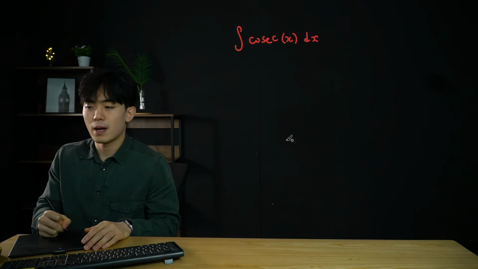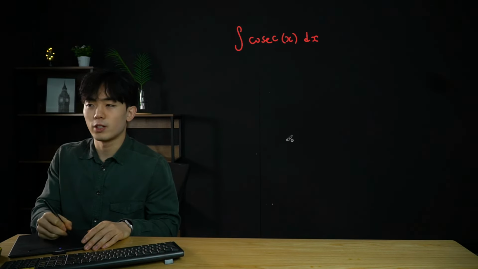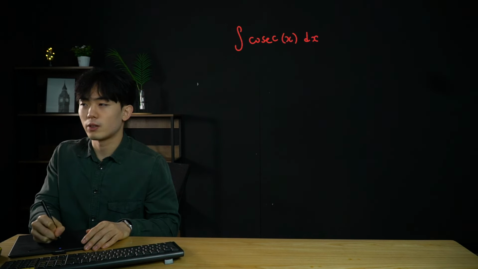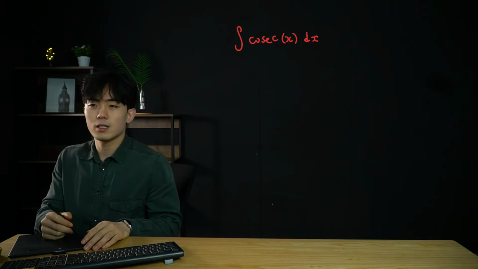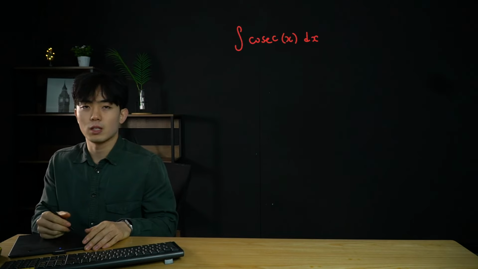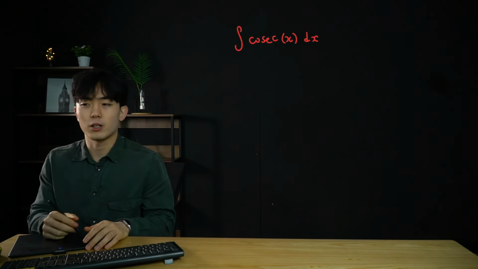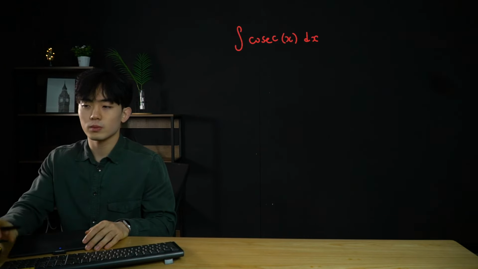Okay, so if we compare this term with the original integral, the only difference is this negative sign. So this is going to be equal to negative our y value, which is ln cosec x plus cot x. Okay, so these secant x and cosecant x integrals are very tricky to see or identify straight away, but this is how you go about proving it.